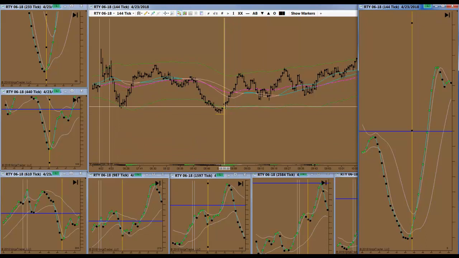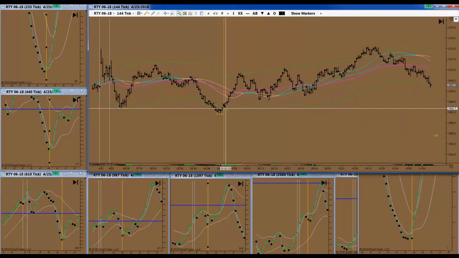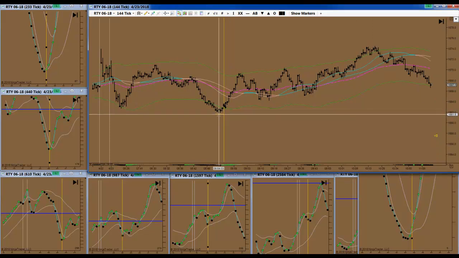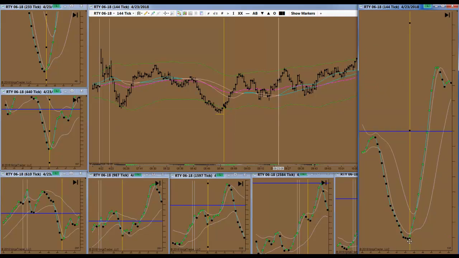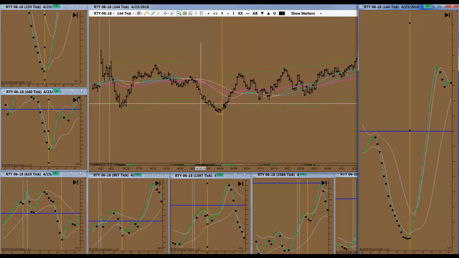But the problem with that is the longer you wait, the later of an entry you're going to get, and the larger your stop loss needs to be. Wherever you get in, you need to stay one tick behind the pivot. The pivot is created by the yellow dot that curls up here. That yellow dot that pushed up is creating a pivot that you're going to have to hide behind.